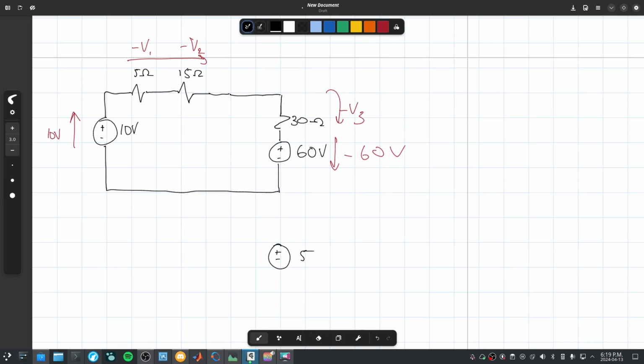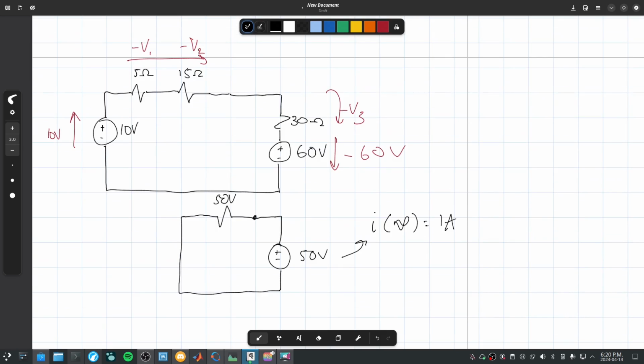Anyway, so we have 50 volts here. Let's combine these resistors because they are in series. It's incredibly simple. That's 30 plus 5 plus 15. That's 50 ohms. And just like that, we have an incredibly simple circuit. This has an I infinity of 1 amp.